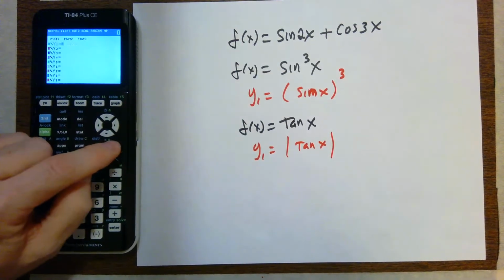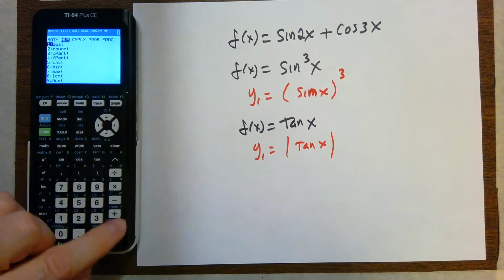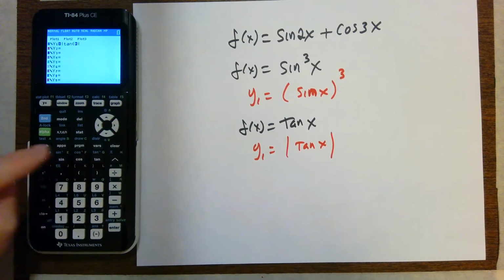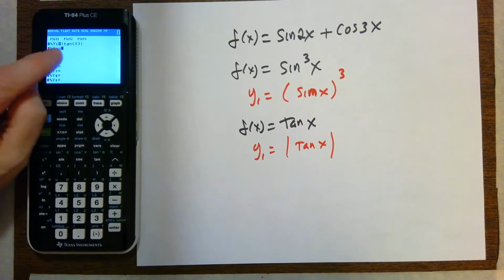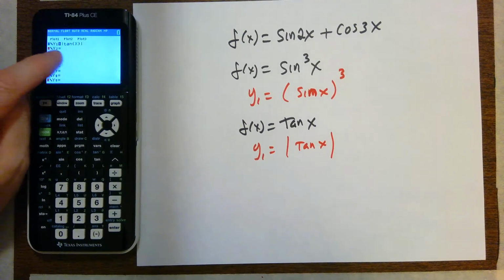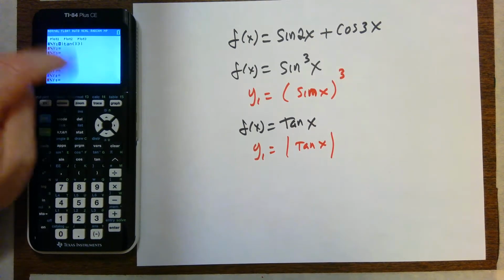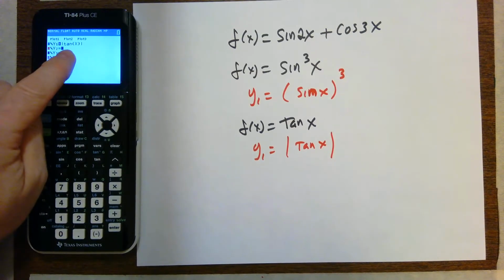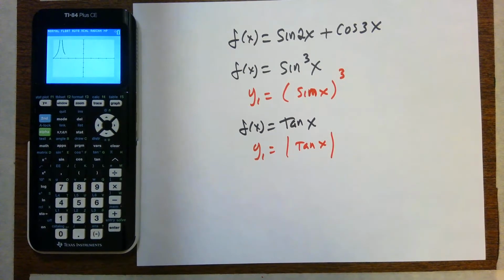All right, so I'm going to go to y equals and clear that. I'm going to go to my math, over to my absolute value, and put the tangent of x in there. So the absolute value of the tangent of x. If you've got one of the older calculators that says ABS and opens parentheses, plug in tangent of x and then close, to make sure we've got the absolute value of the tangent of x, and then graph it and take a look at it.